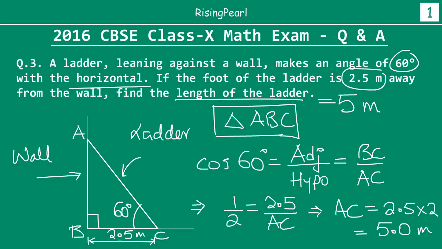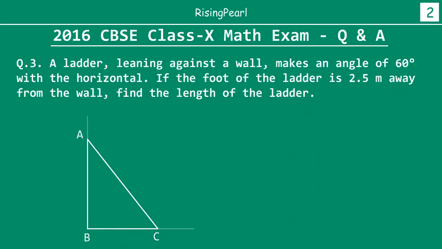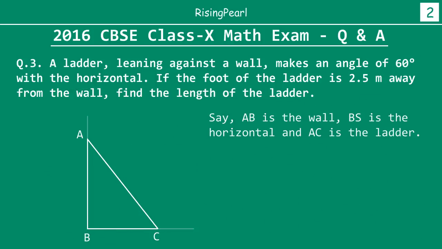So like we always do, if you have to write this nicely in your test, this is how you are going to do it. Say AB is the wall, BC is the horizontal, AC is the ladder. Then in triangle ABC, angle ACB, which is this angle, is given as 60 degrees. We know this is 90 degrees.